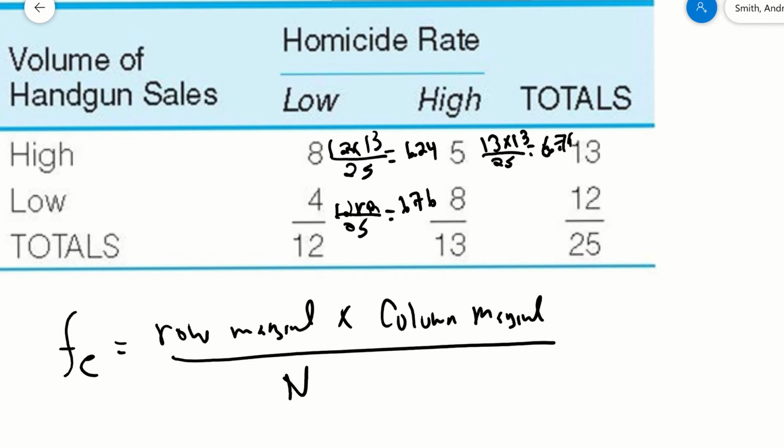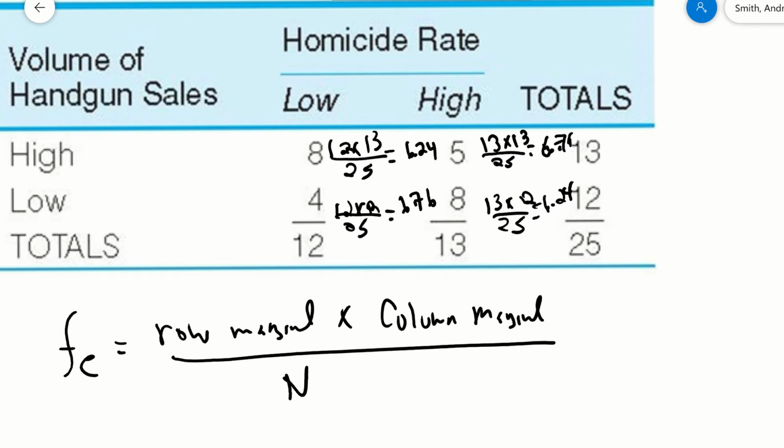And for the next one, it's row 12 times column 13 divided by 25 n, right? So that is 13 times 12 divided by 25, and that'll give us 6.24, right? So that is the way that we get F expected for each one of these, right?